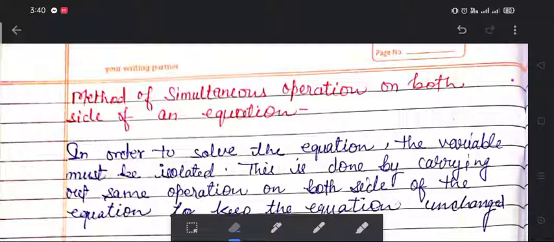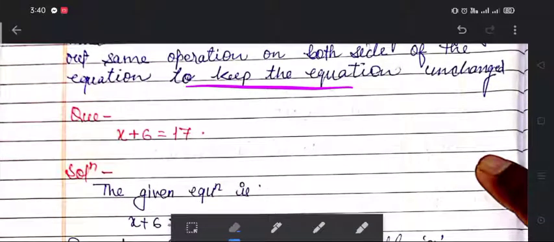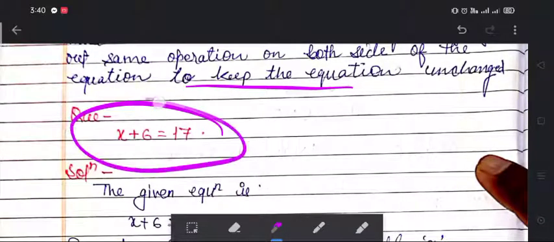So let us understand this with an example. Here the given example is x plus 6 is equal to 17. We have to separate the variable x by carrying out the same operation on both sides.